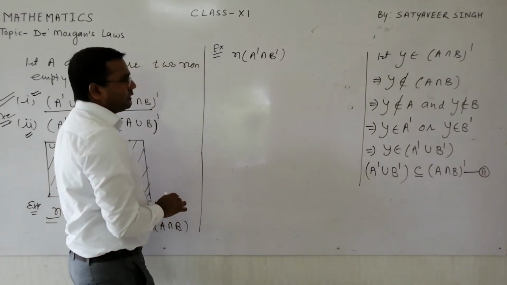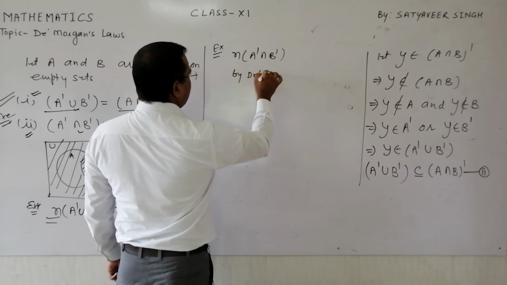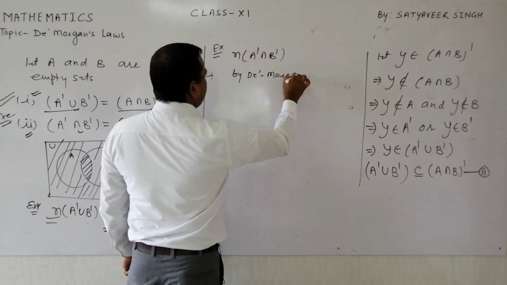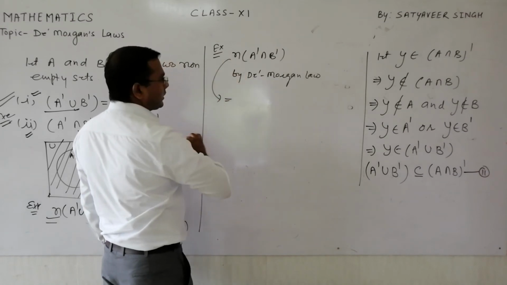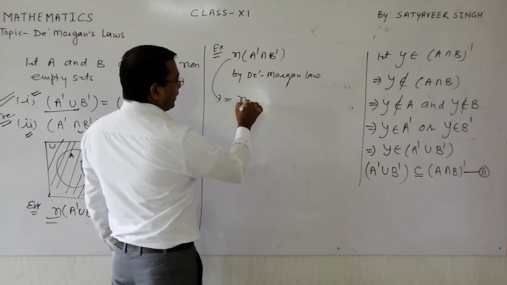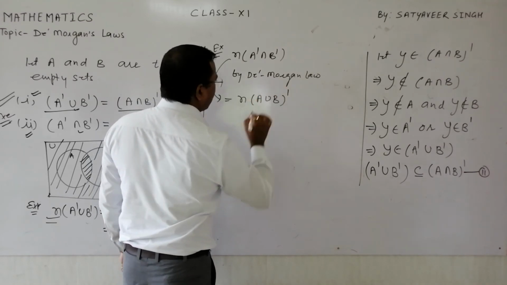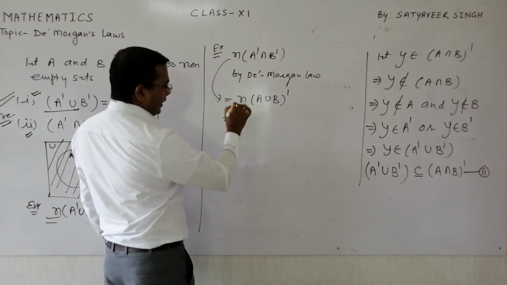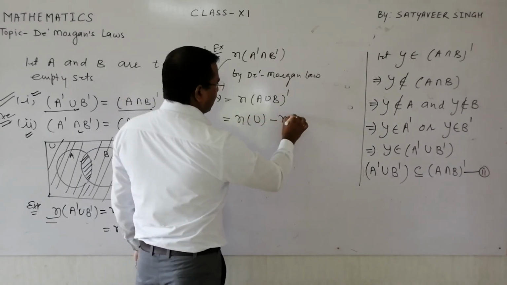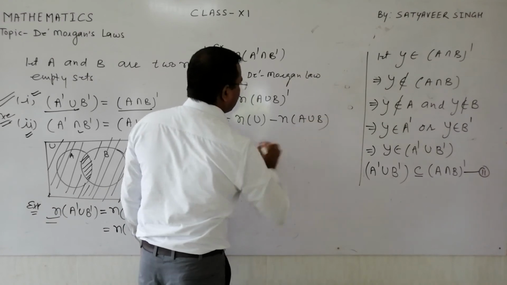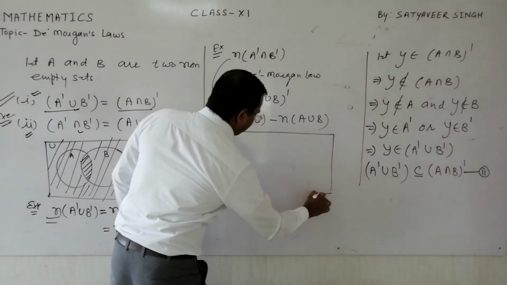As per De Morgan law you can write this is equal to A union B whole complement, which is equivalent to the universal set minus A union B. So now you will understand the difference between these two.